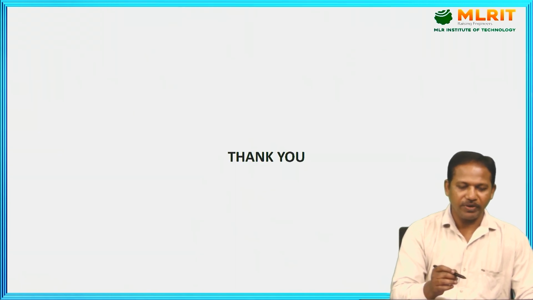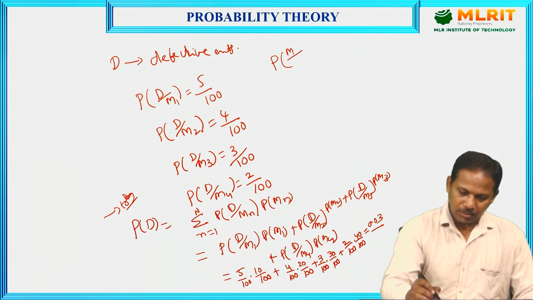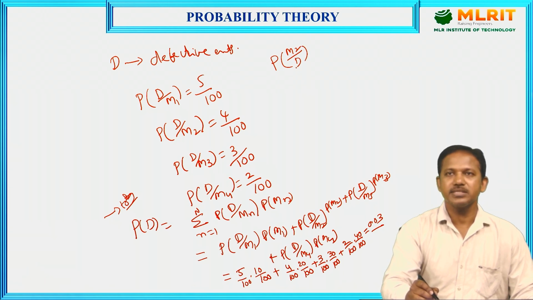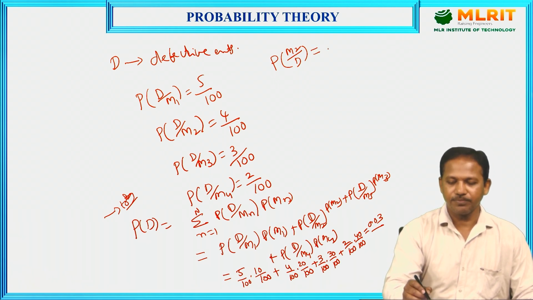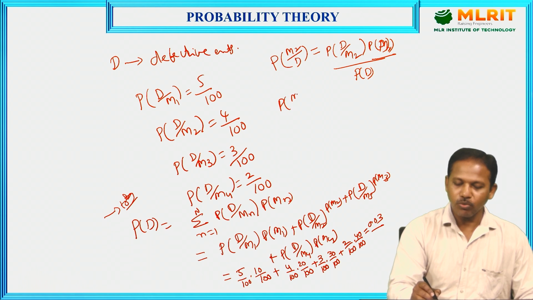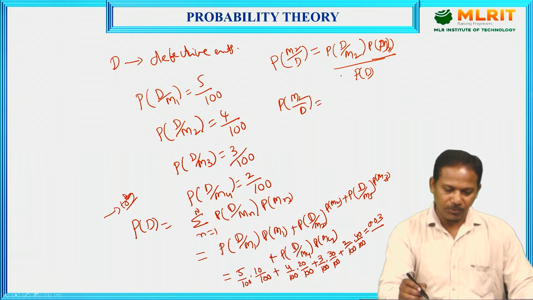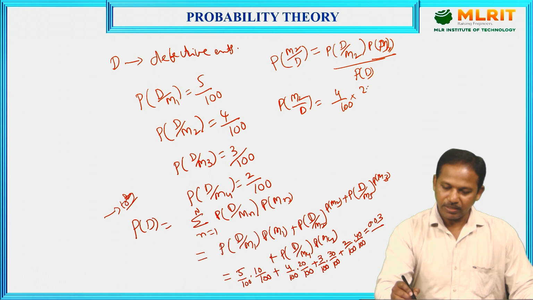So, here I need to find the probability of M2 given D, that is, the defective item is confirmed to come from machine 2, that is P of M2 by D. Simply we can write P of D by M2 into P of M2 divided by P of D. We already know those values: 4 by 100 into P of M2, that is 20 by 100, divided by P of D, which is 0.03.